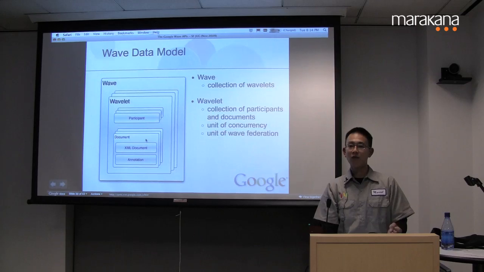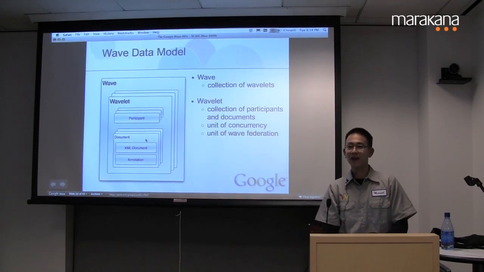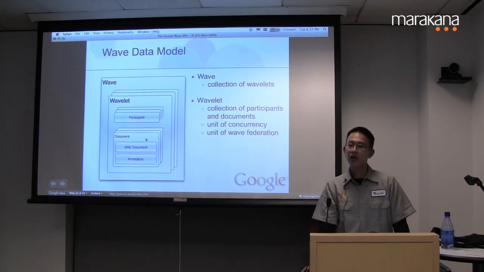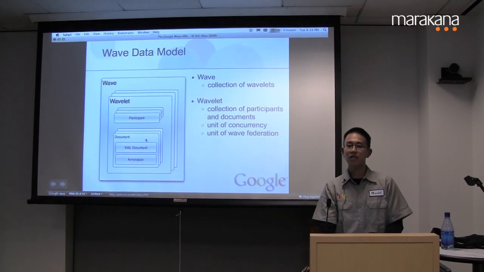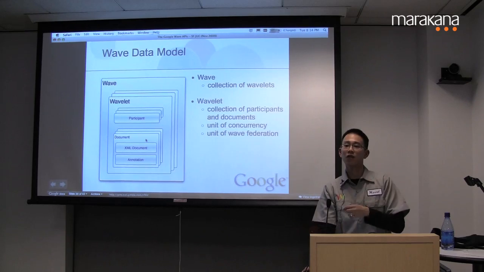So I'm creating a wave that has one wavelet that has one root blip, and then as I'm typing and replying, I'm creating more blips in that wavelet in that wave. So a wavelet is a unit of concurrency and wave federation, and you can also think of it as a unit of access control list. Right now, all users in the same wavelet can see the content of that wavelet.